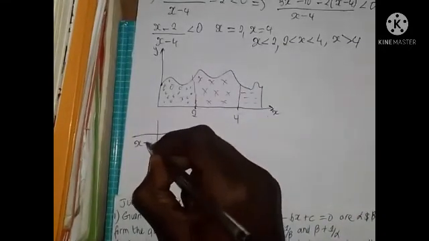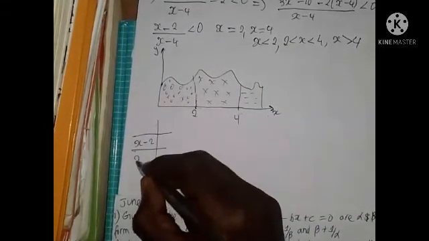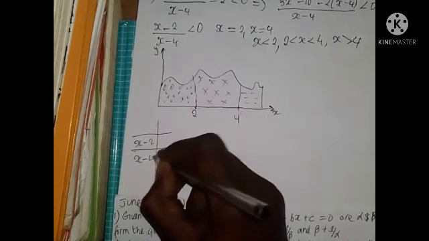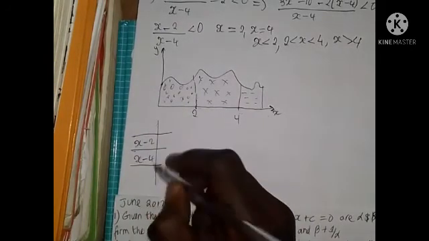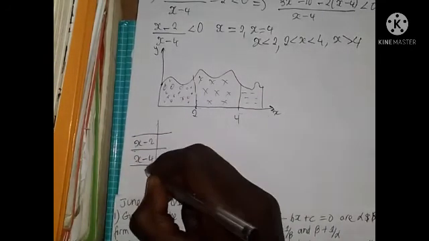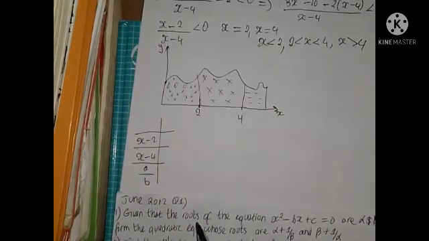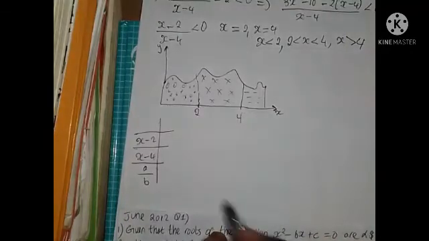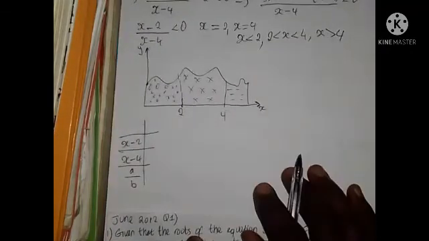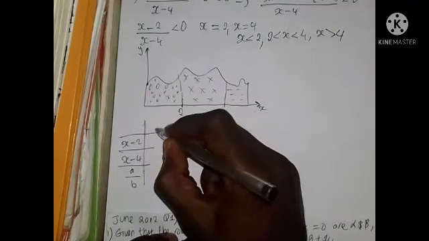Here we have x minus 2, here we have x minus 4, and here we have, let's just give this A for the numerator and B for the denominator, A over B. I'm on a budget here, so I'm trying to keep much space.